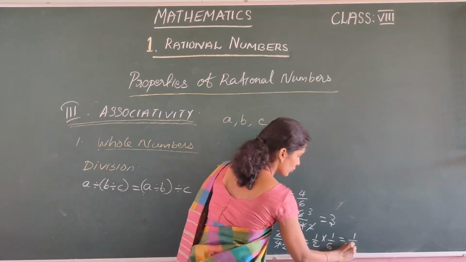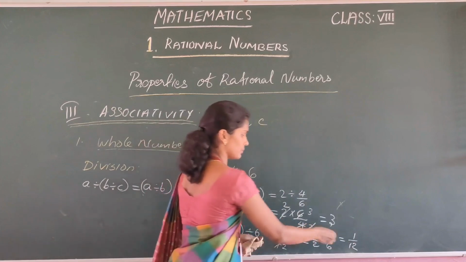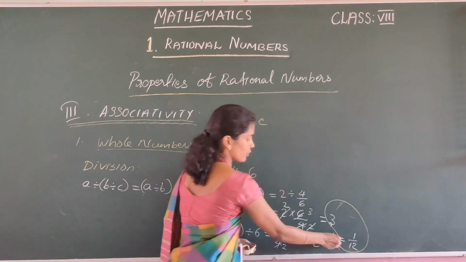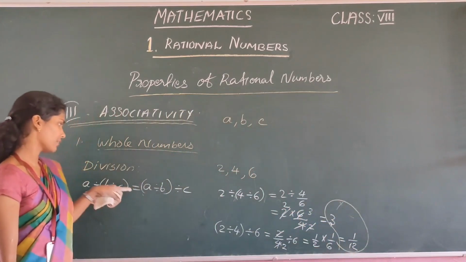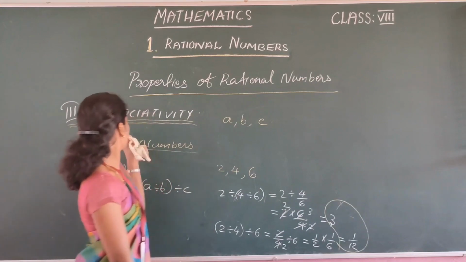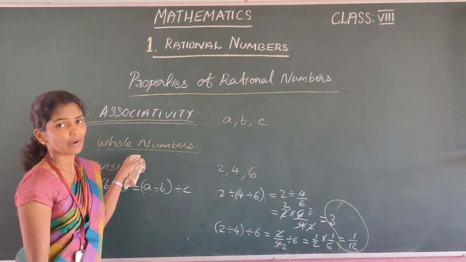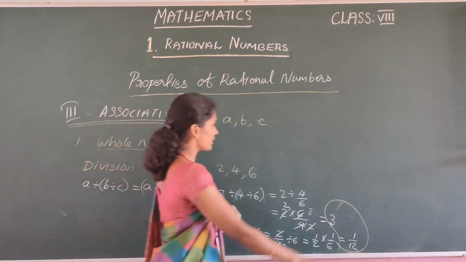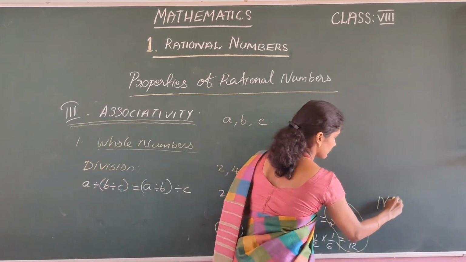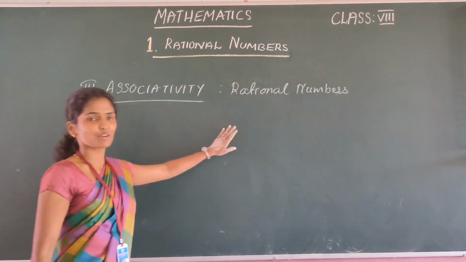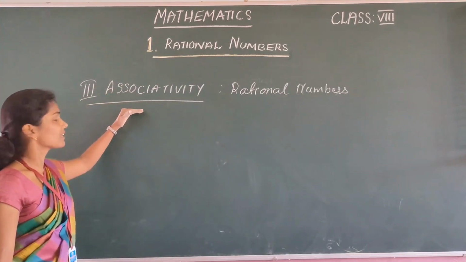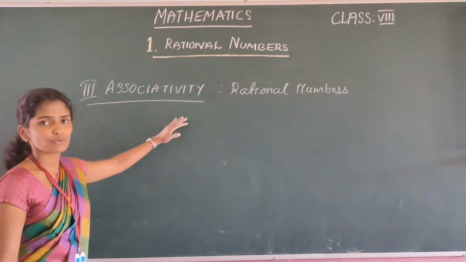This is equal to 1 by 12. These two are not equal. Therefore, in the case of whole numbers, division is not associative.